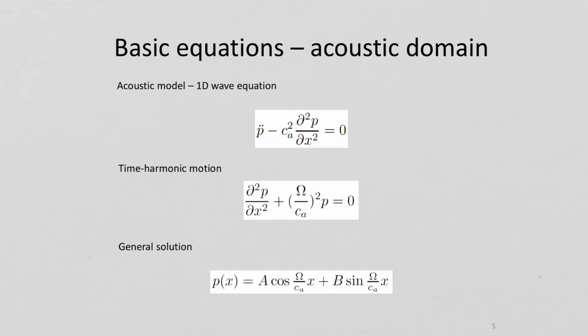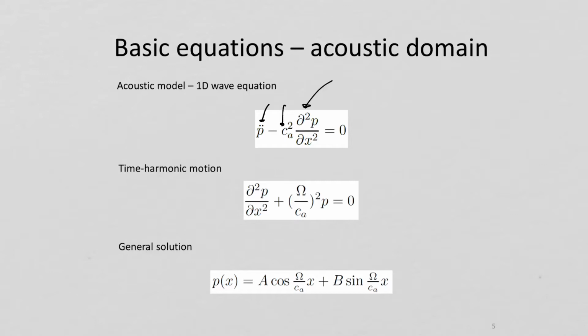And that means that our wave equation reduces to this 1D wave equation. So we have the second order time derivative of the pressure minus the wave speed squared multiplied by the second order derivative of the pressure with respect to the coordinate equal to 0. So that's the basic 1D version of the wave equation.